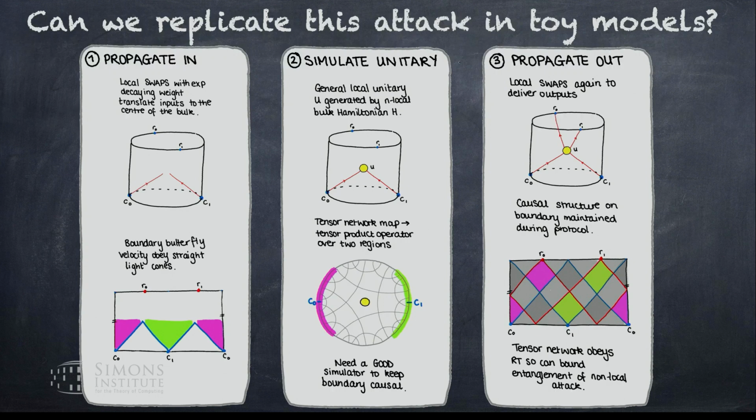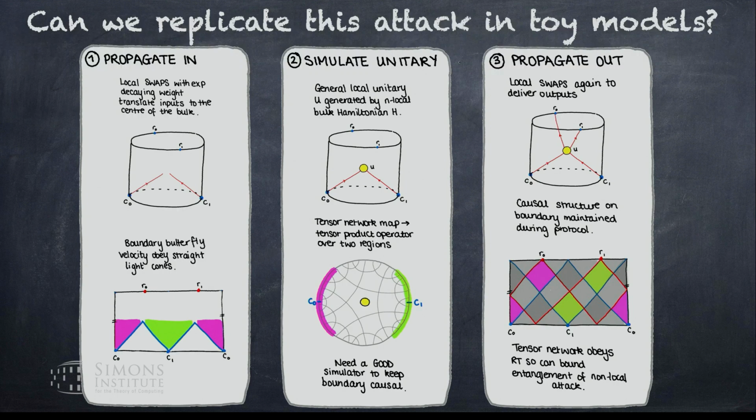For these operations, we don't need to do any Hamiltonian simulation in order to reason about the light cones, because these operations are completely disjoint between the two inputs. When we get to the bulk, we're then going to apply some unitary. And this unitary is obviously going to act on both these inputs together.